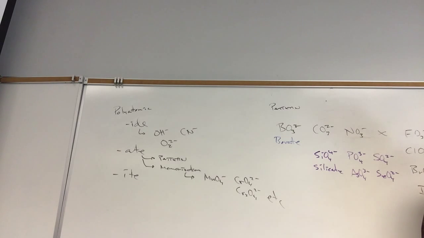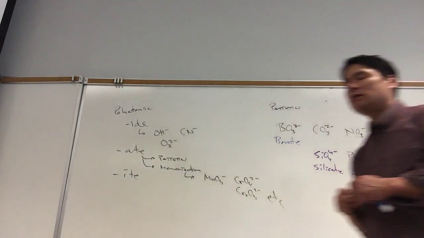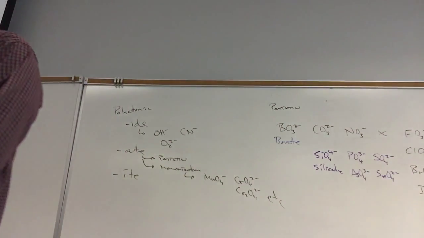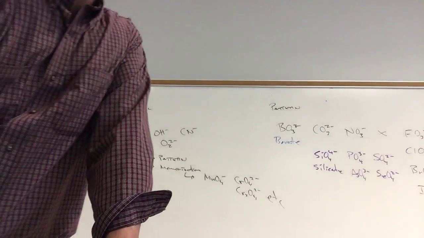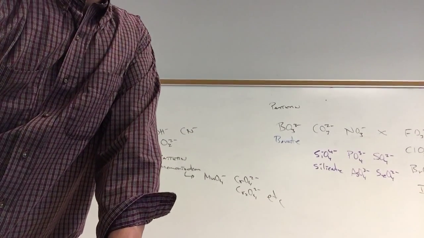Those are like this: per-ATE, ATE, ITE, hypo-ITE. And so all these have the same charge, just the number of oxygens varies. So this is +1 oxygen, -1 oxygen, -2 oxygens, same charge. And so we try to use patterns to minimize the amount of memorization that we do. Okay, I'm going to stop here. But some of these we just have to plain old memorize.